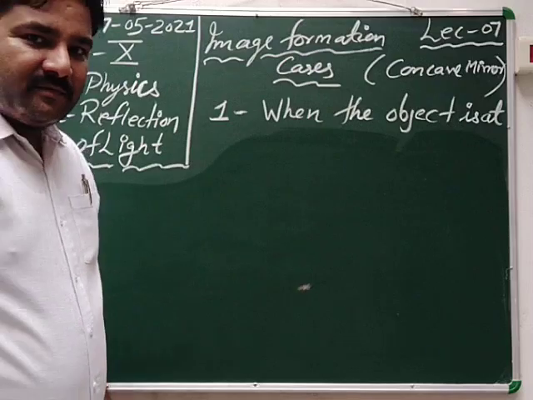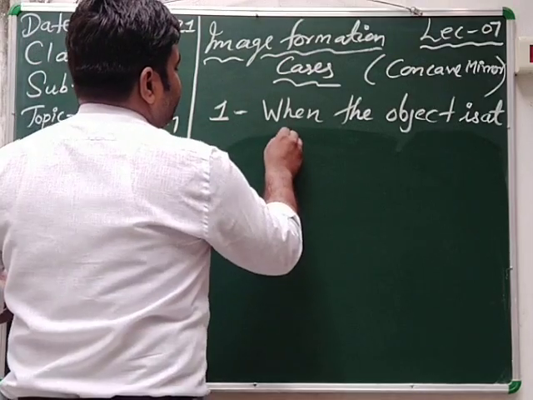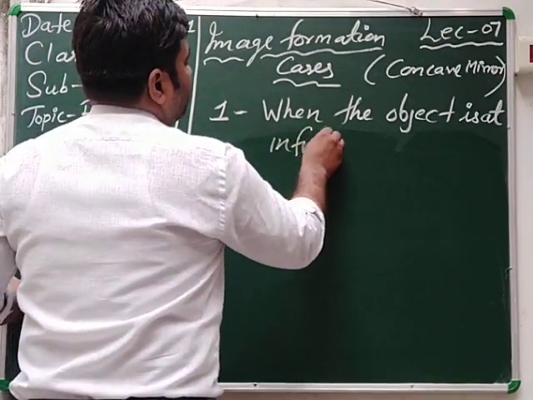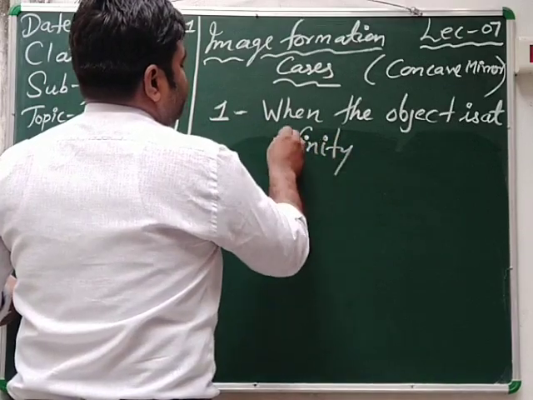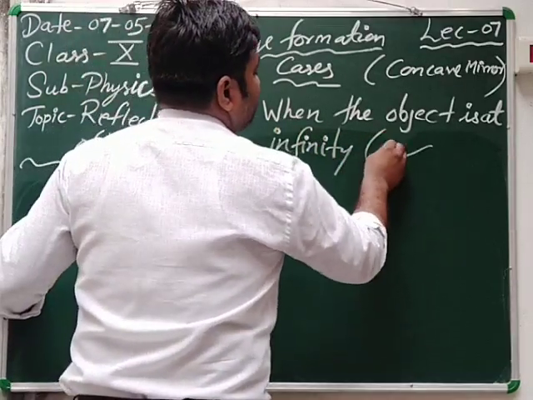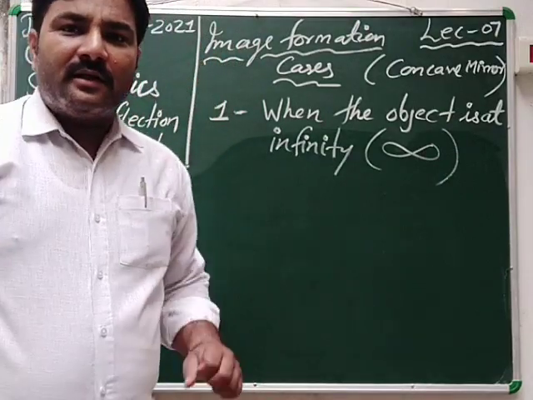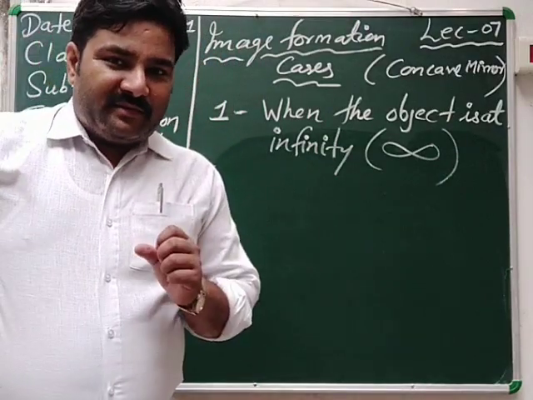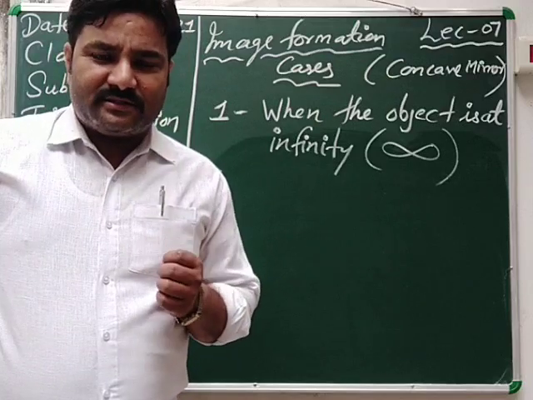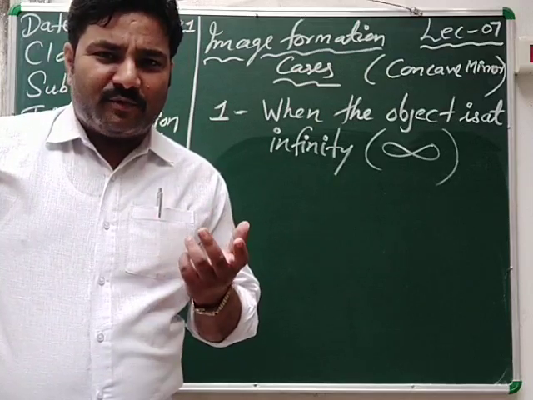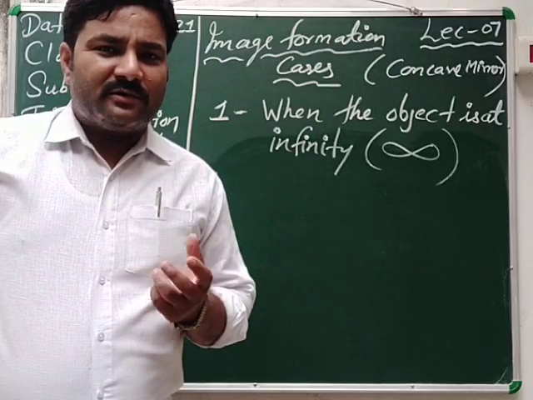See the second concept, when the object is at infinity, just opposite of the first, infinity symbol, this one. In this case, the image characteristics will be just opposite about the size.